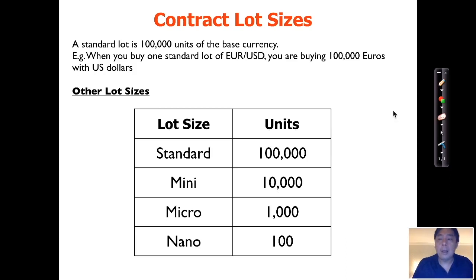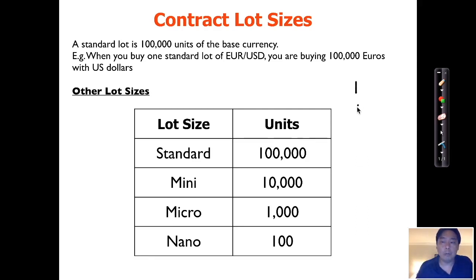For example, if you use most MT4 platforms, you key in terms of lot size. If you want to buy 100,000 euros for Euro USD, then you key in 1, because 1 means one lot, which means 100,000. If you want to buy 50,000, what do you key in?